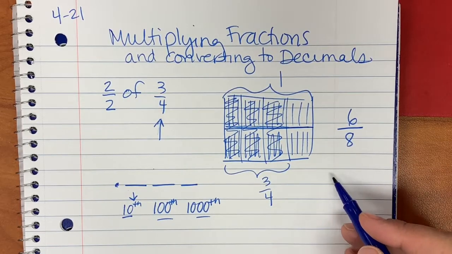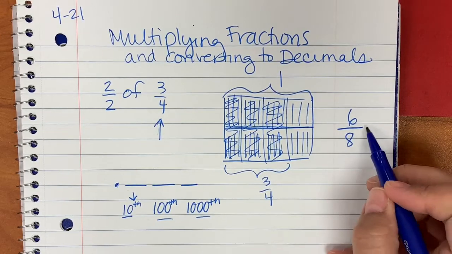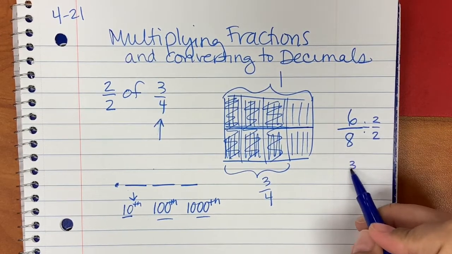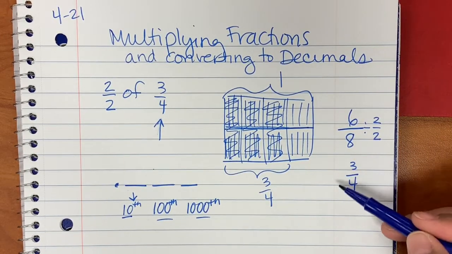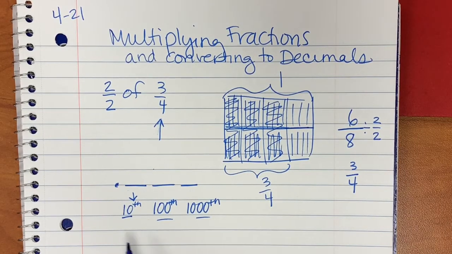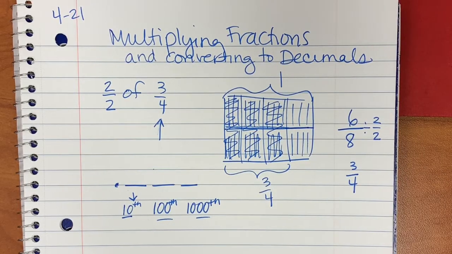One thing we could do, and I'm thinking of money and quarters. So if we divide this by 2 over 2, we simplify to 3/4. So now we're actually going to need to multiply by a fraction that is equivalent to 1 so that we get the denominator to be 10, 100, or 1,000. So 4 times something could get us to a denominator of one of these.